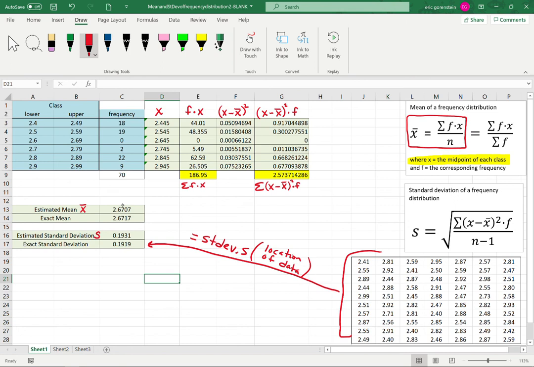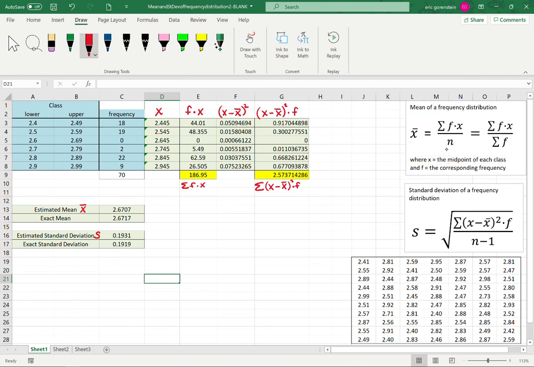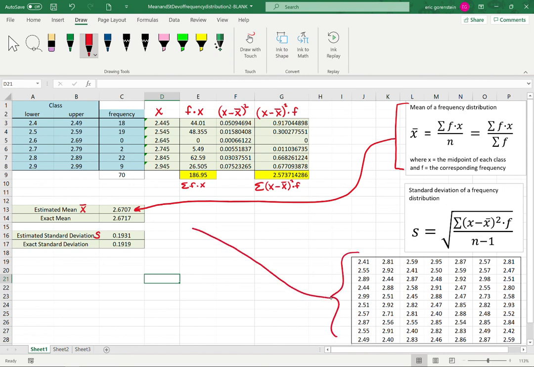So, just a quick overview of what we just did. We did this in multiple steps because this is an estimation. We took the mean of the frequency distribution, found that first. Then we found the mean of the actual data, so the exact value, and we used equal average, location of data to do that.